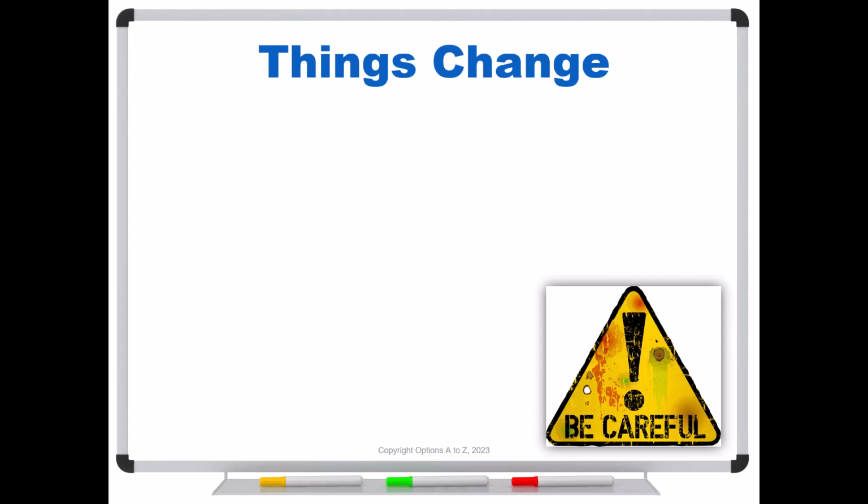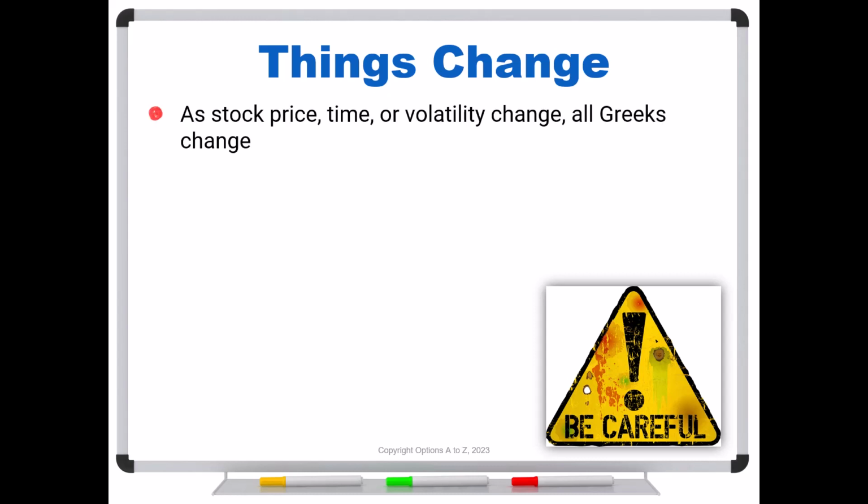Your time at a minimum is going to change, but the stock price is most likely going to change. You're going to get changes in volatility. You potentially could get changes in interest rates. But at a minimum, you need to understand how the stock price, time, or volatility change, and recognize that all of your Greeks change. And again, at a minimum, time is going to change.